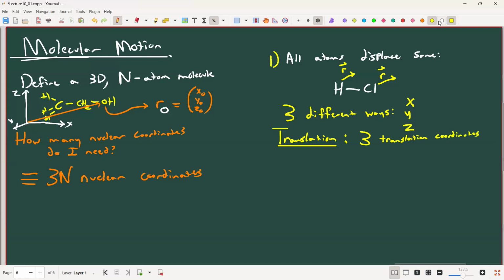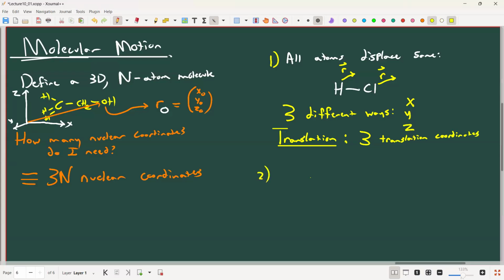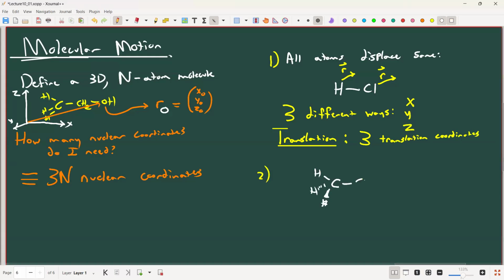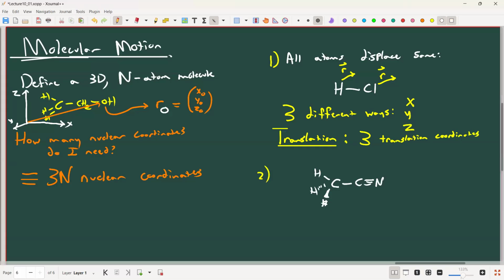All right, what about this one? There's another type of motion that we can do, and I'm going to go to a different molecule, one of my favorites, CO-nitrile. There's another way we can move the coordinates around.